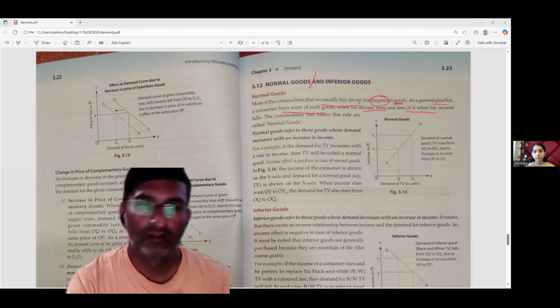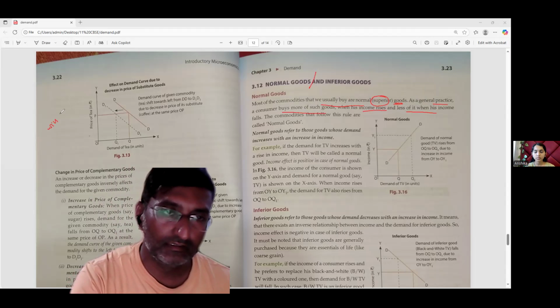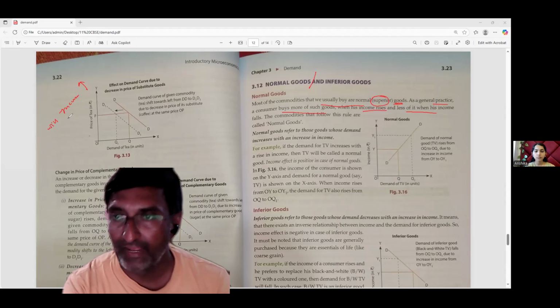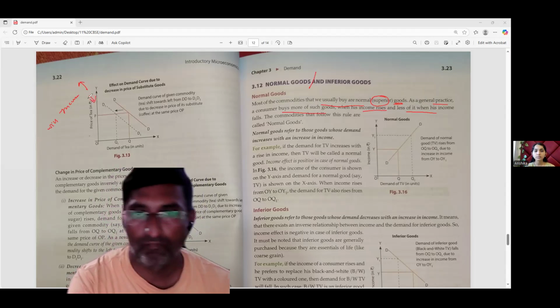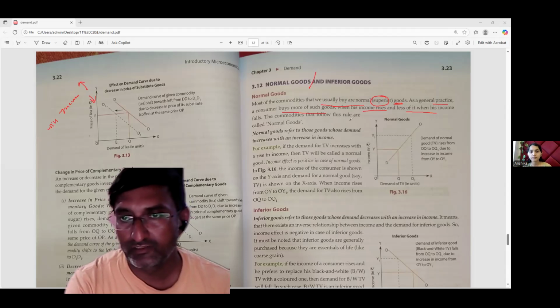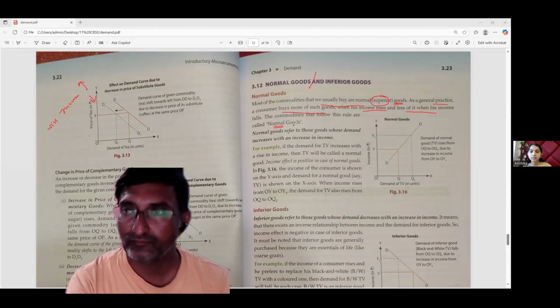It means consumers will buy more when income increases, and buy less when income falls, right? The commodities that follow this rule are called normal goods.